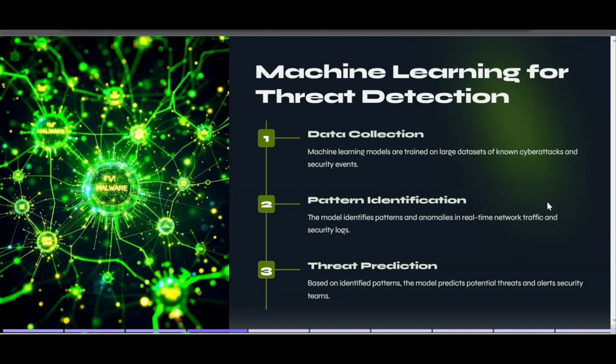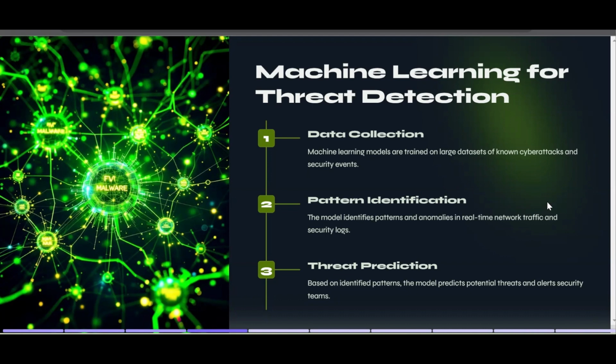It's not like it would do it itself, but you got to train your AI model or machine learning model on different data sets, right? In cybersecurity, we train that machine learning model on various data sets of known cyber attacks and security events so that it would have a proper understanding of what threats we are facing, what sort of security events we have to deal with.